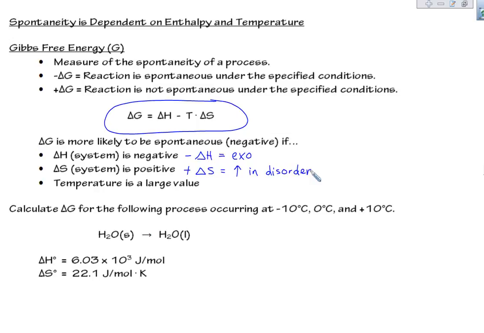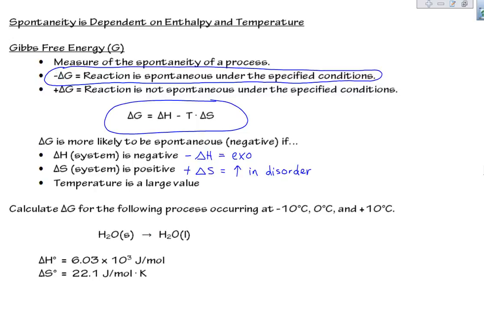One other factor that could come into play here would be temperature. So if I think about this equation, delta H minus temperature times delta S, if I want to make sure that I can keep delta G negative, when you have a negative delta G, a release in free energy, the reaction is spontaneous under the conditions given. So how do I keep delta G negative?